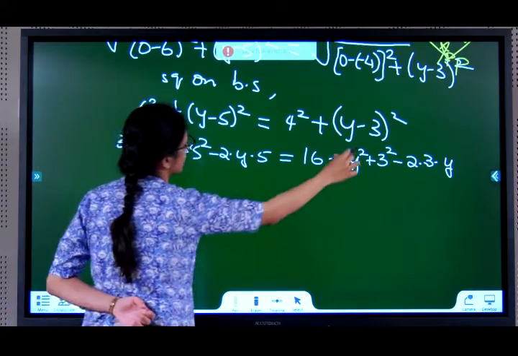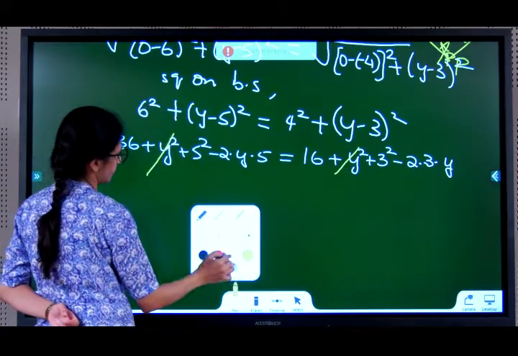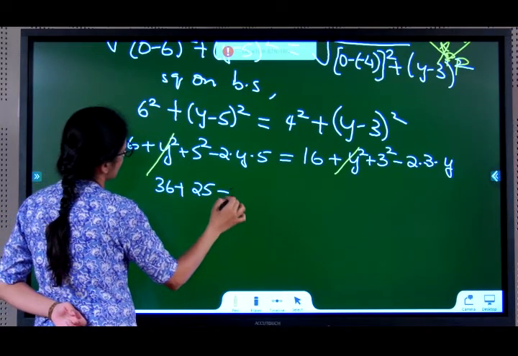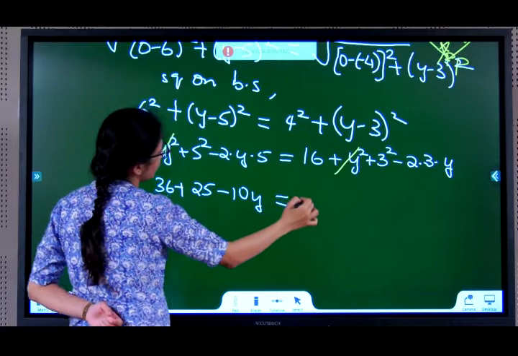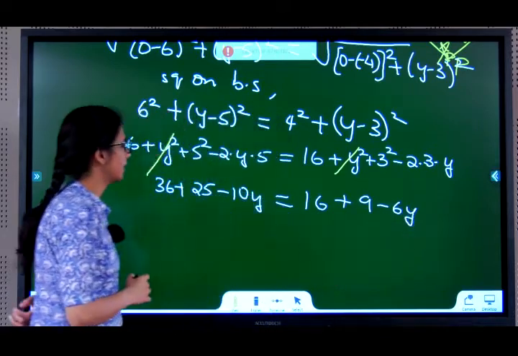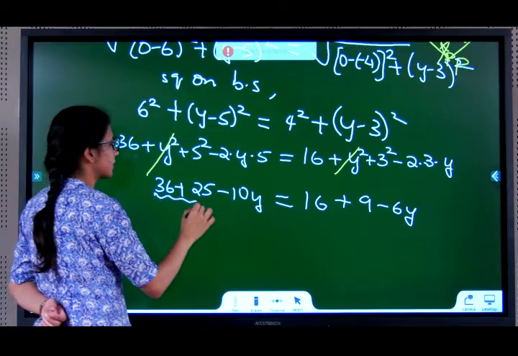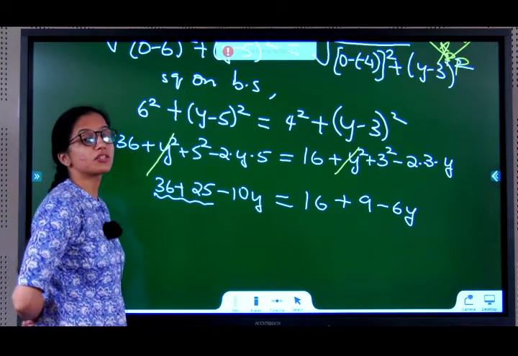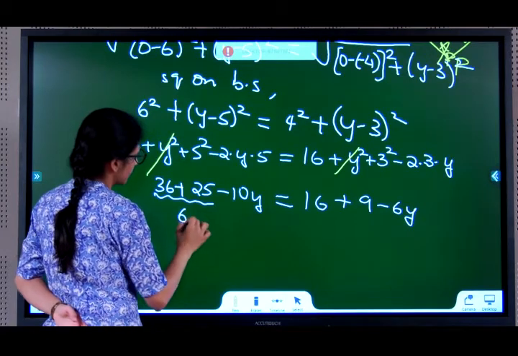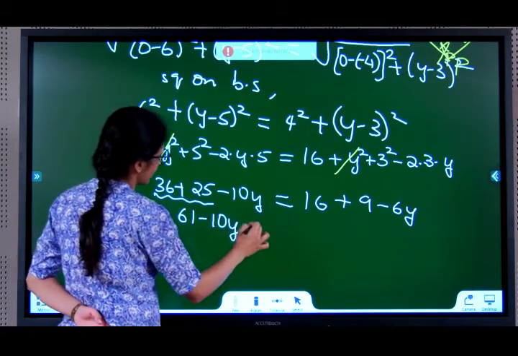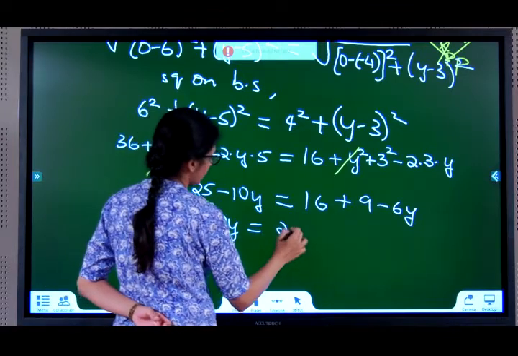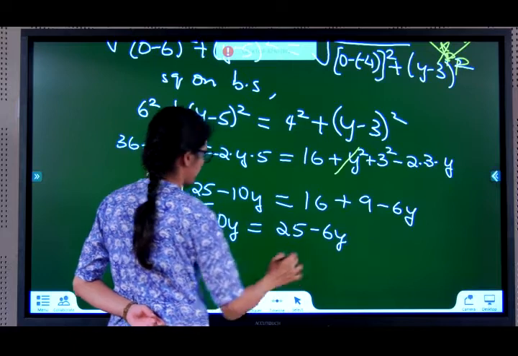Y square cancels. 36 plus 25 minus 10y is equal to 16 plus 9 minus 6y. 36 plus 25, 61. 61 minus 10y is equal to 16 plus 9, 25 minus 6y.